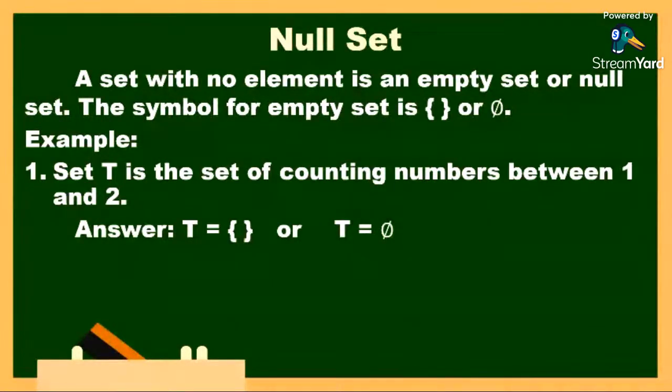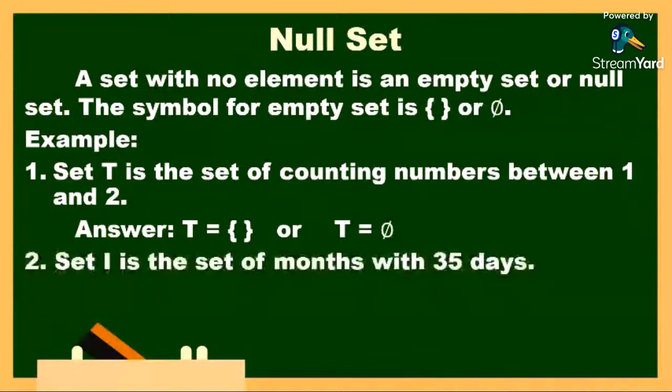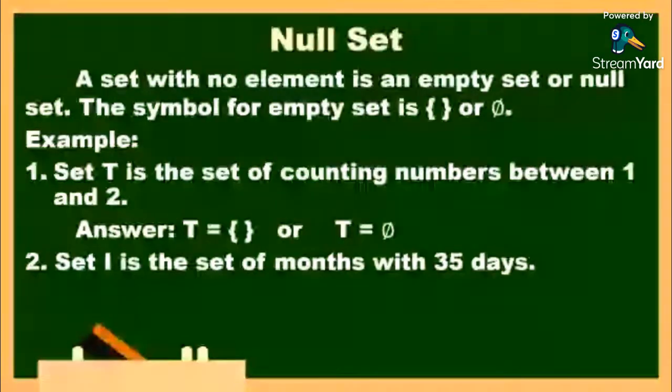Another example. Set I is the set of months with 35 days. Okay, alam naman nating lahat na ang pinaka-maximum days of the month is only 31 days. So, hindi siya umaabot ng 35 days.